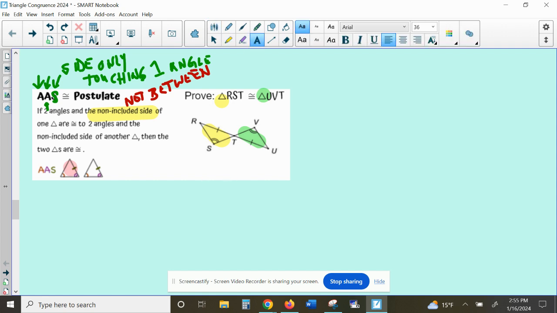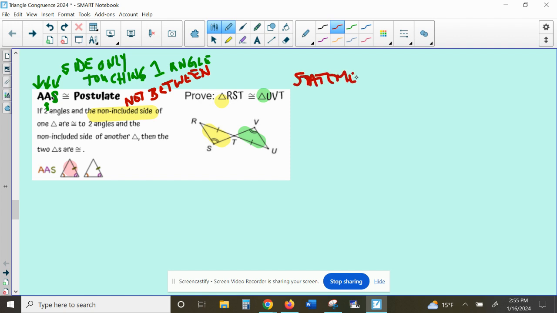Okay, so let's start with our statements and our reasons. Sorry, I'm writing on my computer screen, and so it's never beautiful, which is why you should have the volume up. Statements and reasons. The first statement I want to talk about, they have marked this little tick mark and this little tick mark.